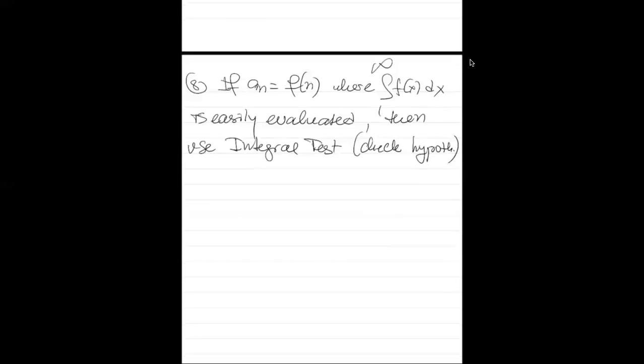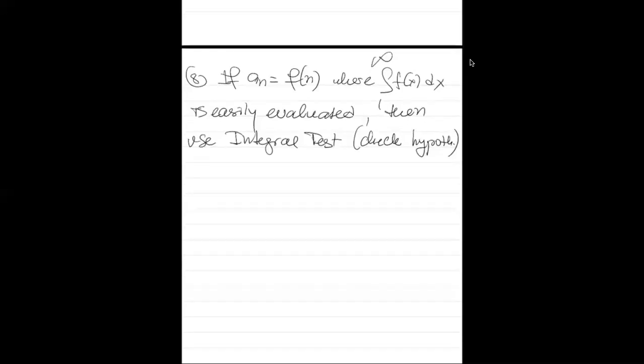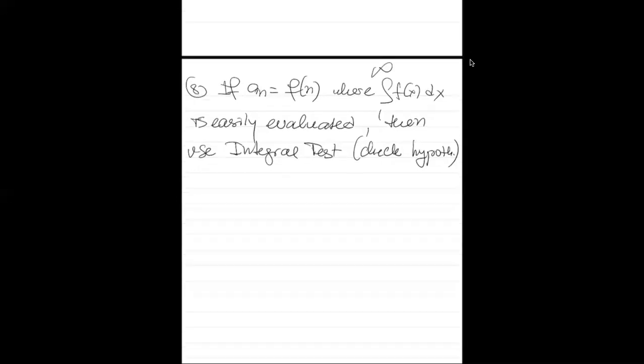Integral test. We have conditions. So first, f has to be continuous, has to be positive, and it has to be decreasing. Not everywhere, but from 1 to infinity.